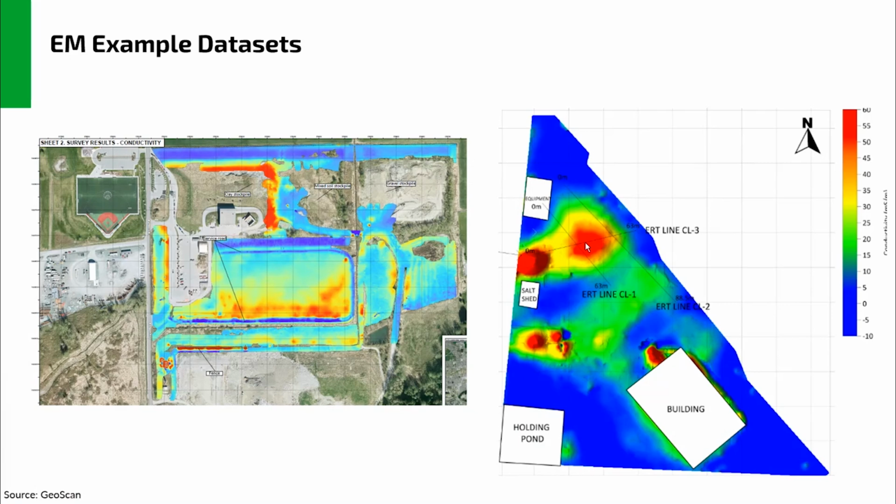Technically, when geophysical methods are used for contamination, we don't technically survey contaminants or contamination. What we measure is the background conductivity due to the groundwater, or increased groundwater conductivity.